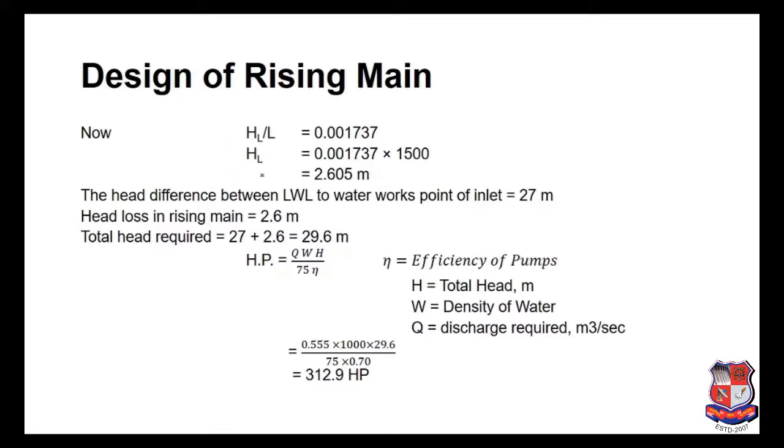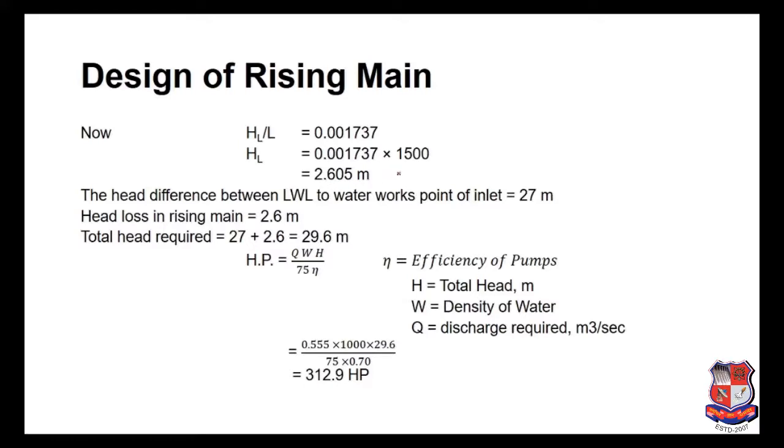So total head loss will be equal to 0.001737 multiplied by total length of the pipe. This is per meter length and our total length of the pipe is 1500 meter. So the total head loss will be equal to 2.605 meter.